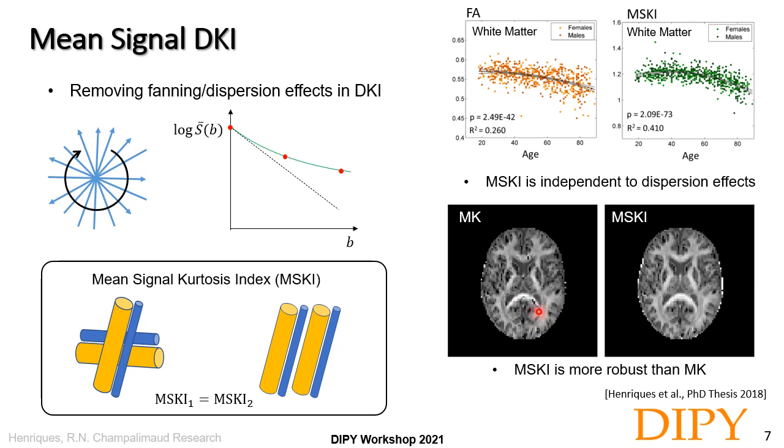This provides artifactual low kurtosis that propagates to the mean quantities. By using these mean signal quantities, you improve the SNR, you avoid these low diffusivities in individual directions, and you get a metric that is much more robust. So you don't observe these negative values in these estimates.